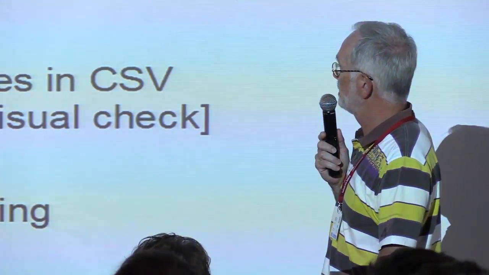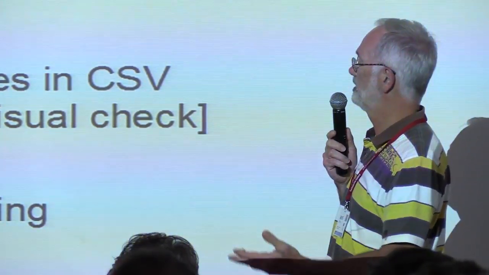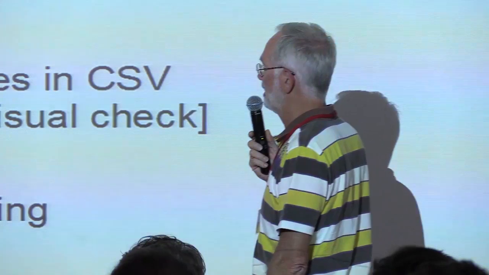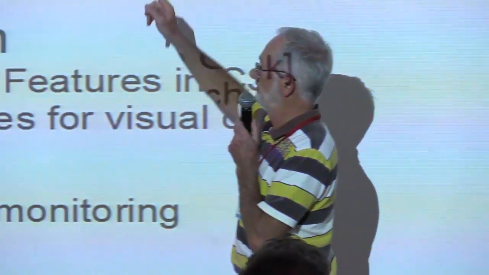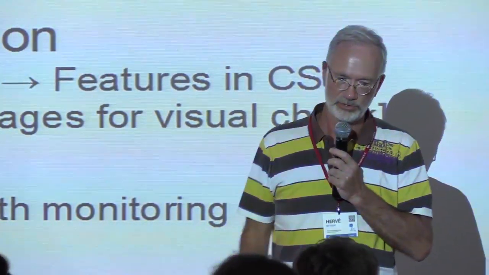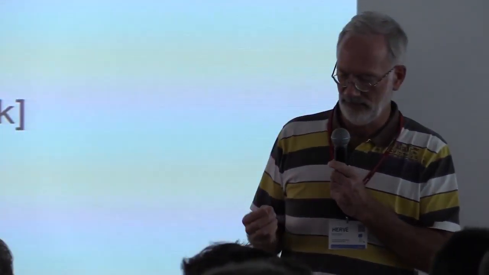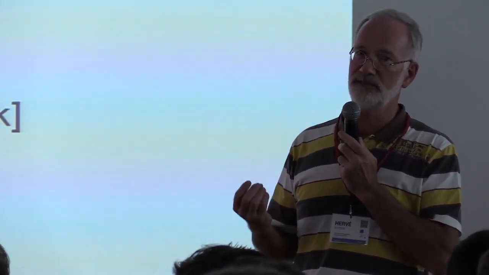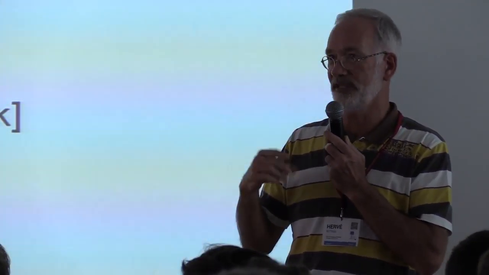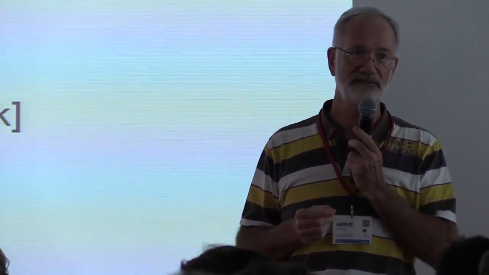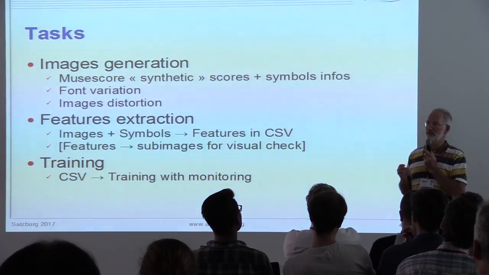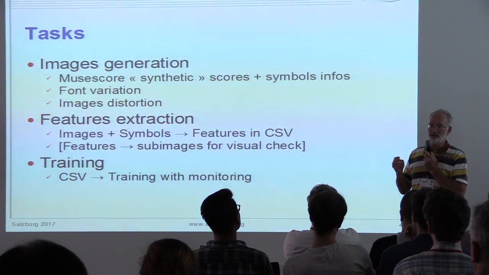So generation of images, we had several possibilities. We have addressed the first one. Since MuseScore has a knowledge of semantic music information, MuseScore is able to build artificial or synthetic images based on these scores. So these images are artificial, right?